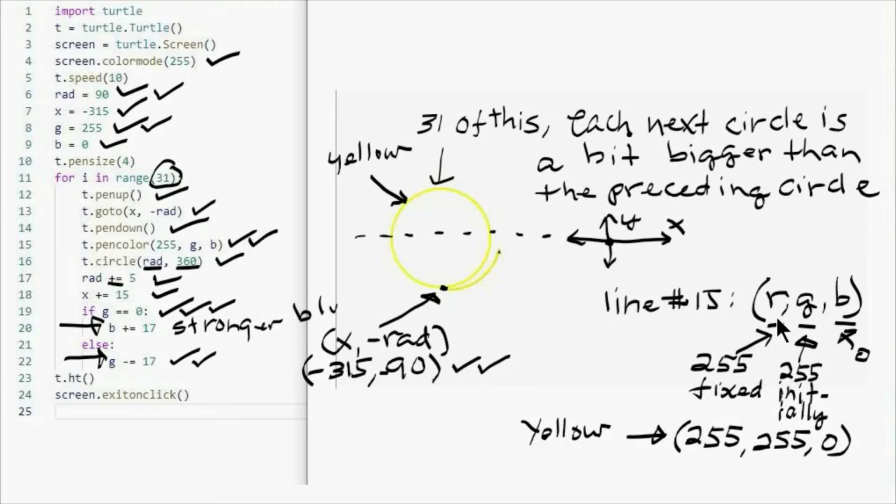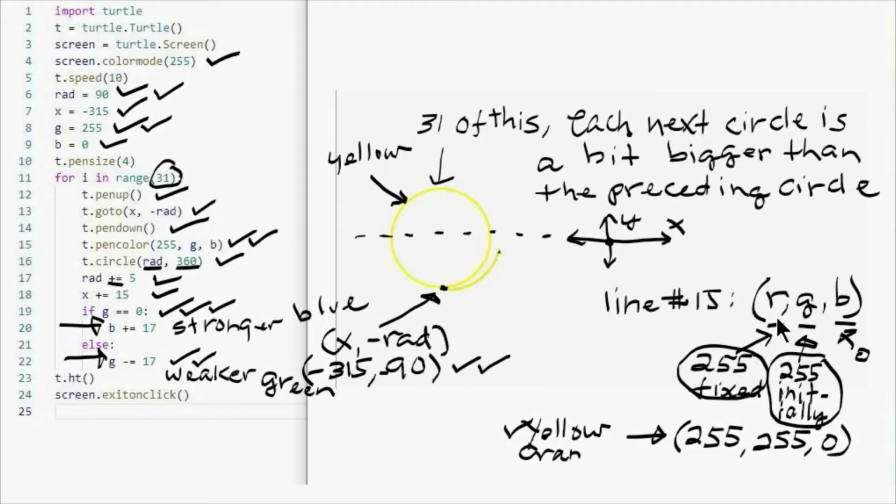Now, what does this mean? Initially, the red is fixed. Look at this, the 255 is fixed. And the green is initially 255 here. But we are going to weaken the green. So we're going to make this weaker, the green. What happens is we have yellow first. And then after that, we'll have orange.